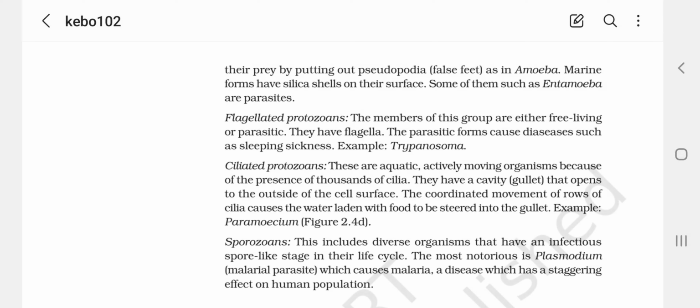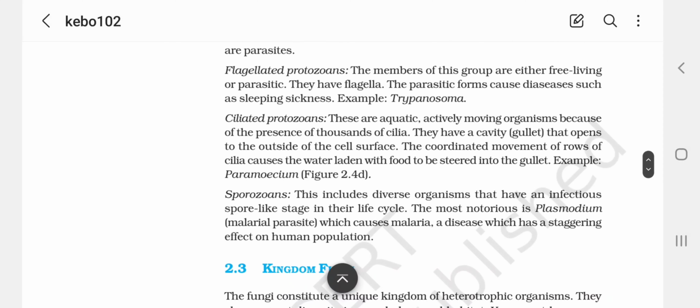Flagellated protozoans. The members of this group are either free living or parasitic. They have flagella. The parasitic forms cause diseases such as sleeping sickness. Example, Trypanosoma. Ciliated protozoans. These are aquatic, actively moving organisms because of the presence of thousands of cilia.